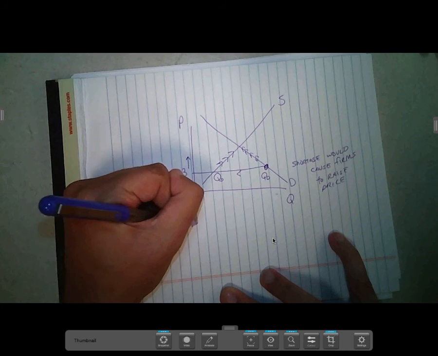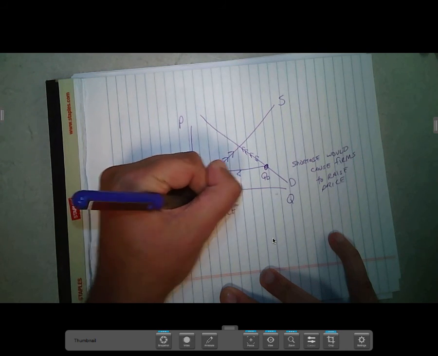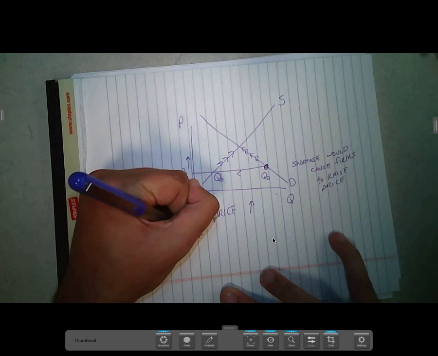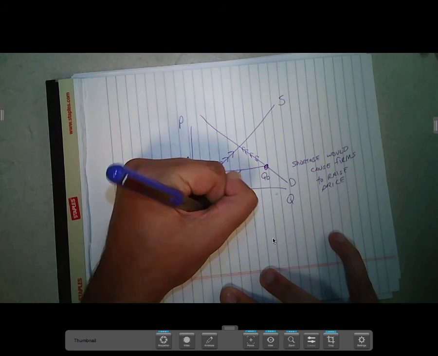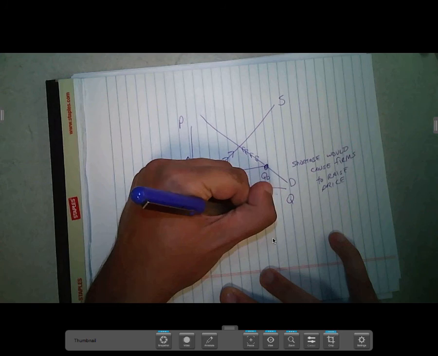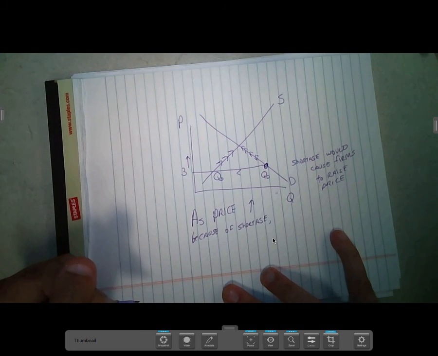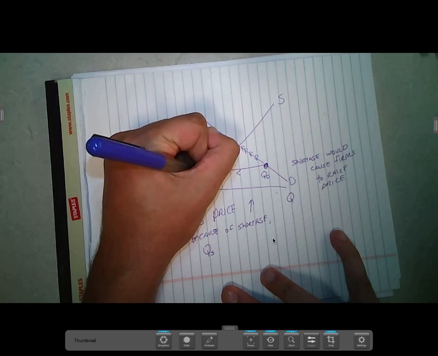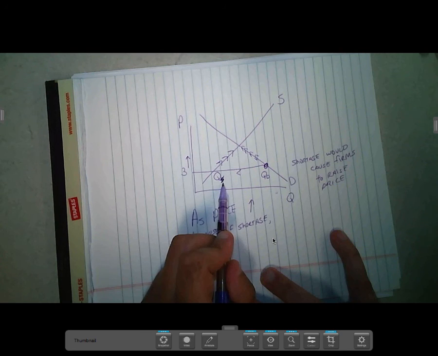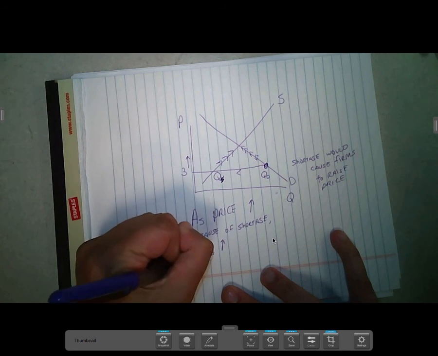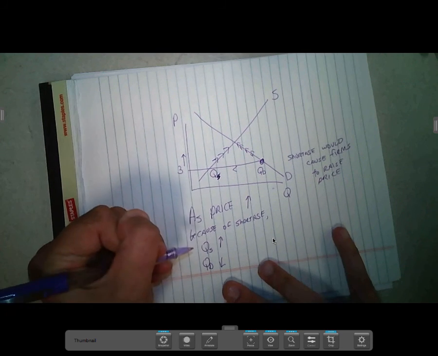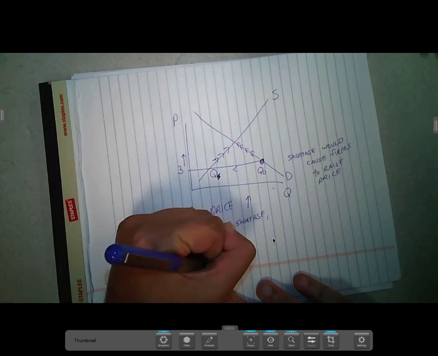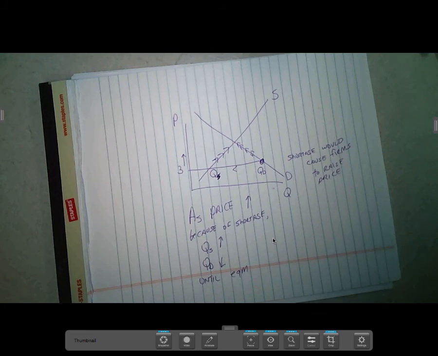So as the price rises because of the shortage, then the quantity supplied, just make sure here, it's an S, not a D, the quantity supplied goes up, and the quantity demanded goes down until there's an equilibrium. This can happen when there's no price control.